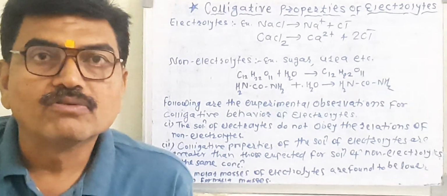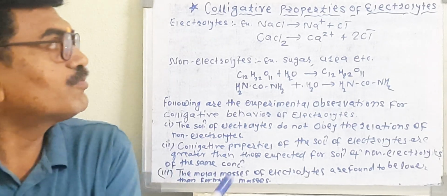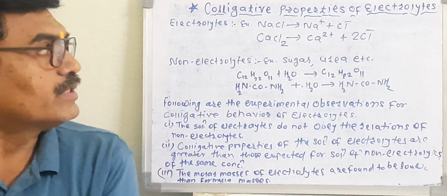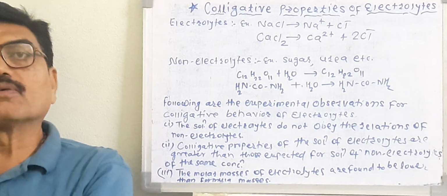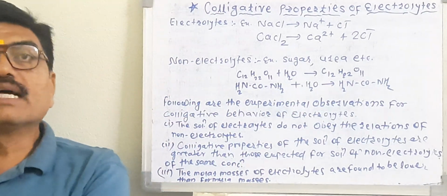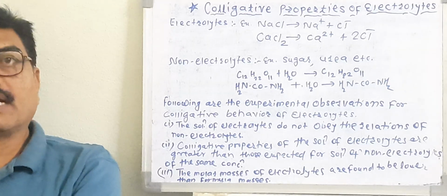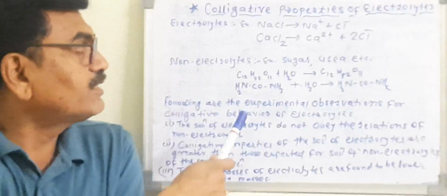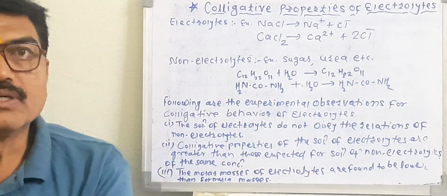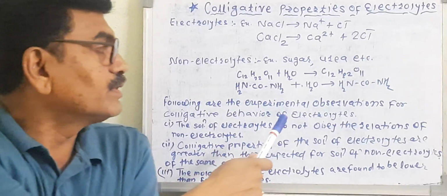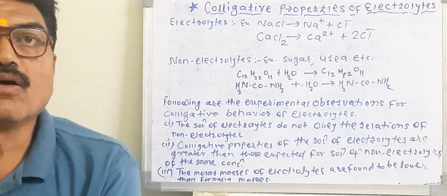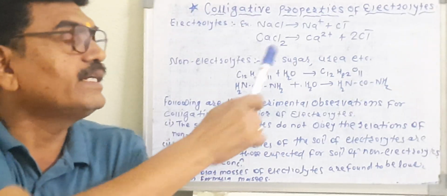So in this section, we are going to learn the colligative properties for electrolytic substances. The approach towards the colligative properties of electrolytes is different from that of non-electrolytes, and that's why, while studying the colligative properties of electrolytes, some relations that hold for non-electrolytes are totally different.